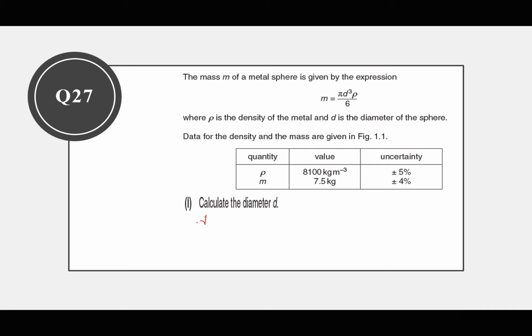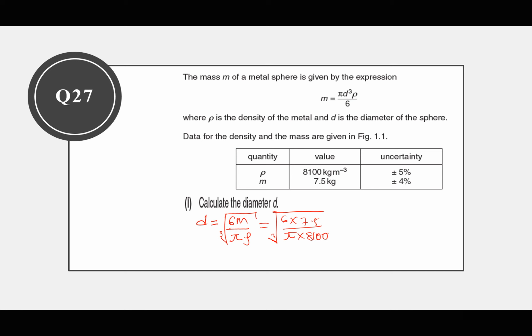So diameter will be equal to 6m divided by pi times rho, under cube root. Then we substitute. This will be the cube root of 6 times the mass 7.5 divided by pi times the density, which is 8100.